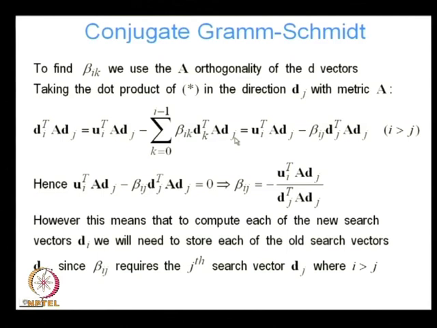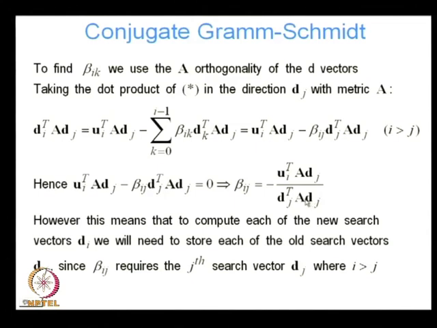The only term that is going to survive is dj transpose A dj, right. So this allows me to calculate beta ij from this expression: beta ij equal to minus ui transpose A dj divided by dj transpose A dj.